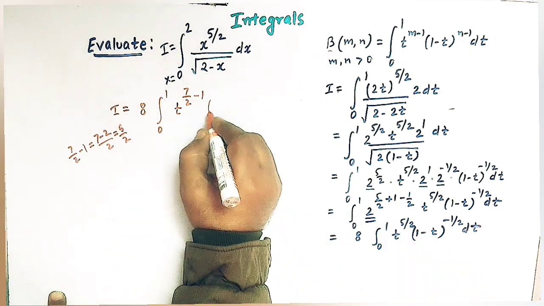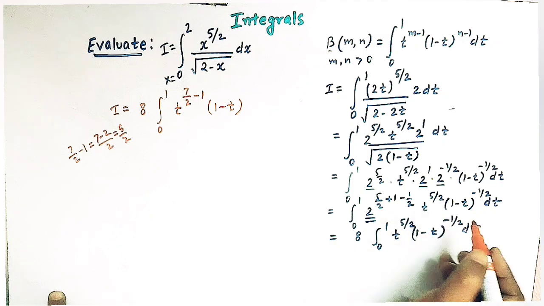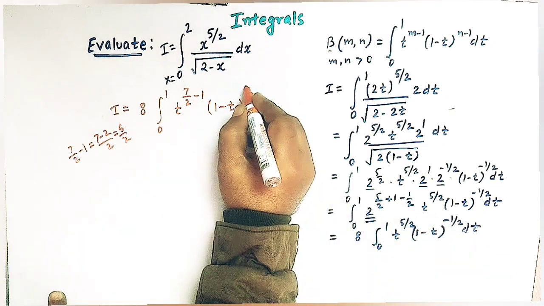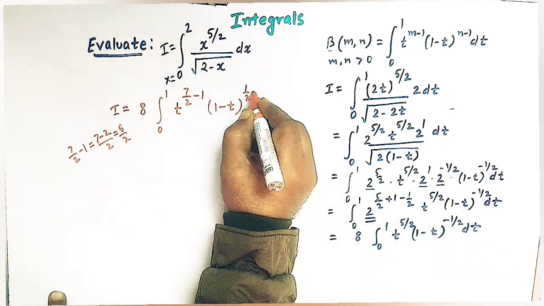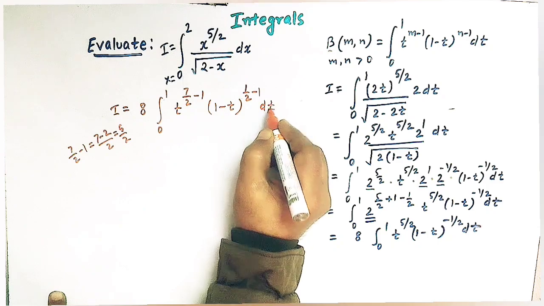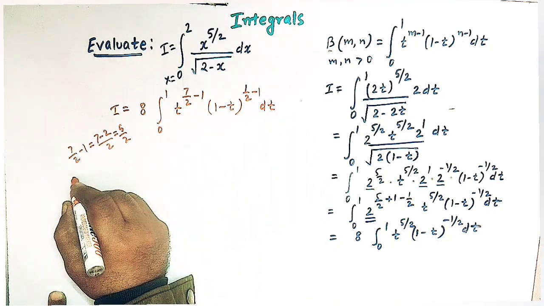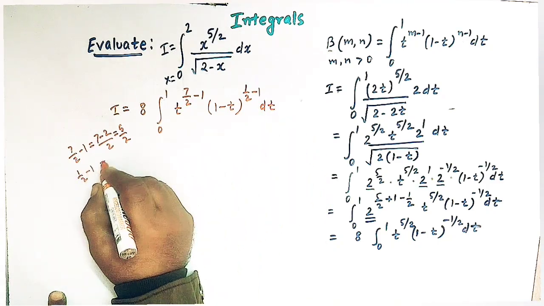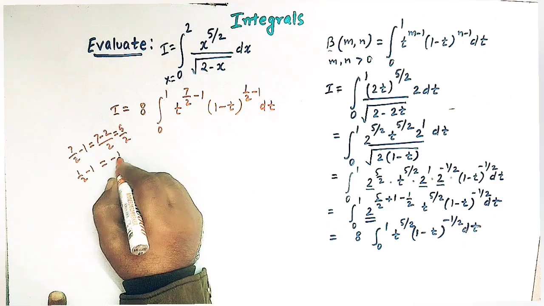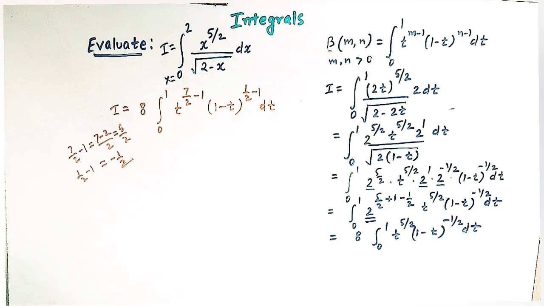And here we have 1 minus t raised to minus half, and minus half can be written as half minus 1, and here we have dt, because half minus 1 is equal to minus half, right?